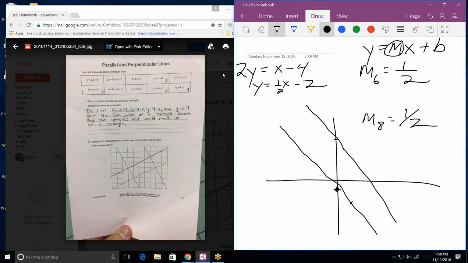I went left, that gives me a negative slope again. So up 1 and right 2. Correct. And that line becomes perpendicular to the other two, which we knew it was, right? Yeah. And that's a positive slope.